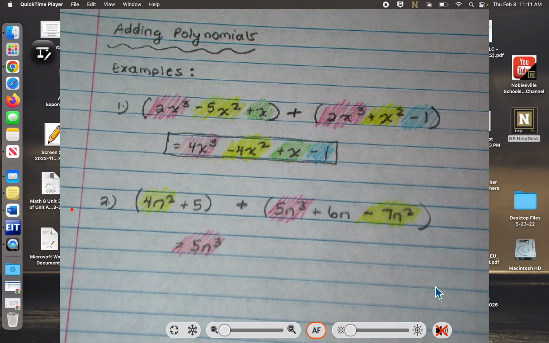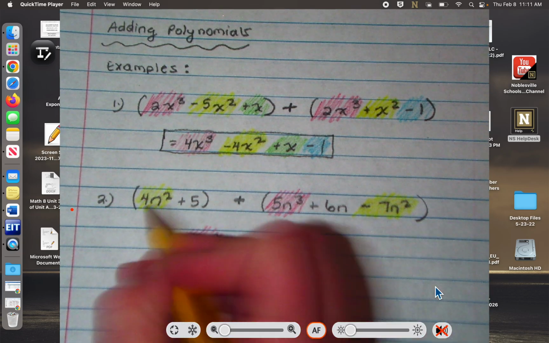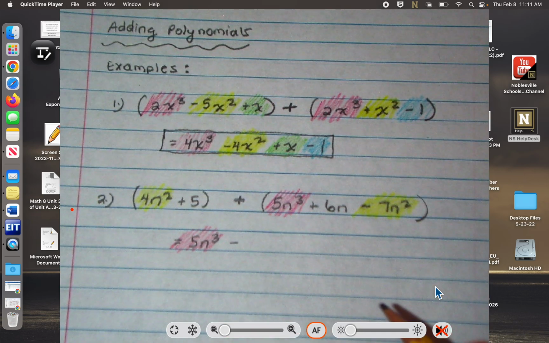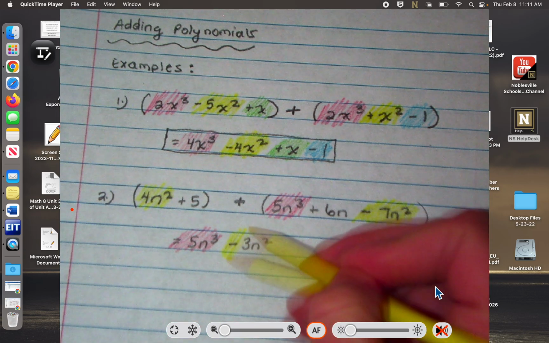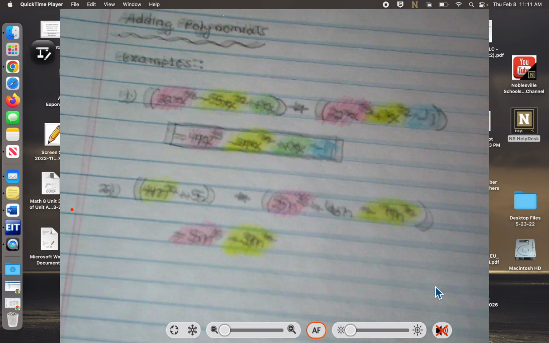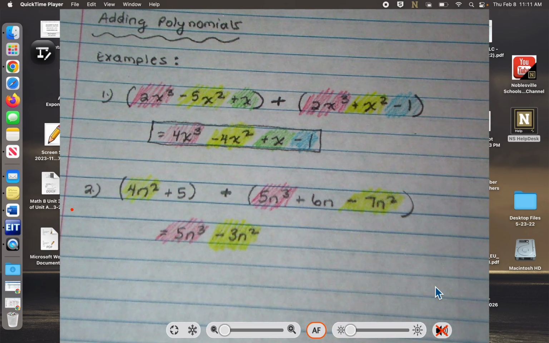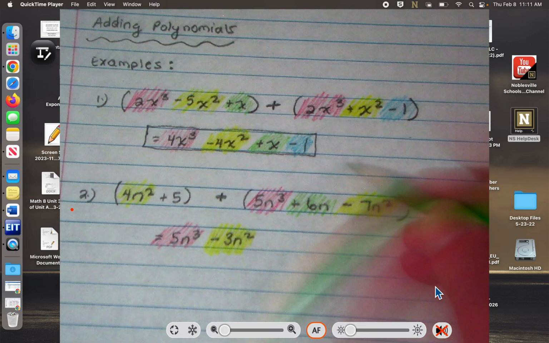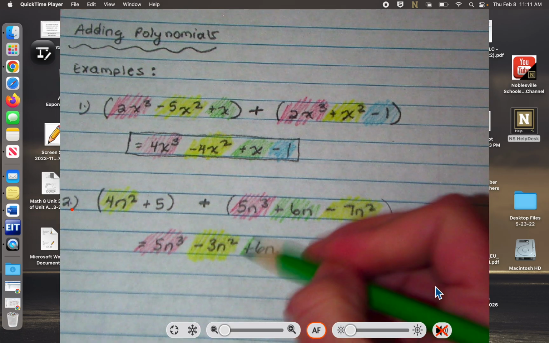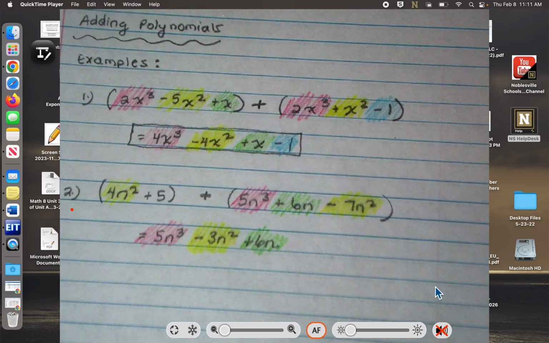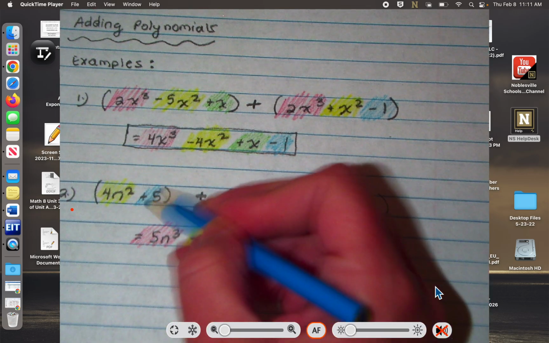So how many n's to the second do I have? Negative 3, right? You go left to right, or even if you're just combining them, you would have negative 3n to the second. Notice I'm not changing the degrees when I combine. I'm only affecting the coefficients. What's my next lowest degree? 6n. Does it have anything it can be combined with? Nope. So I just bring down the plus 6n. And then we have another lonely coefficient, this plus 5.